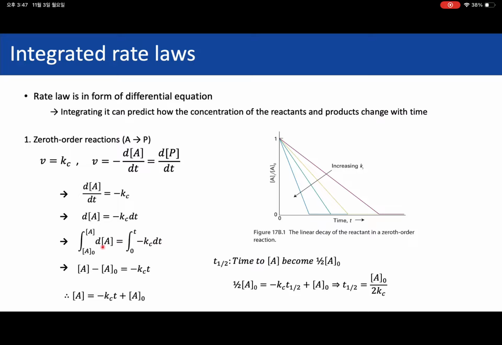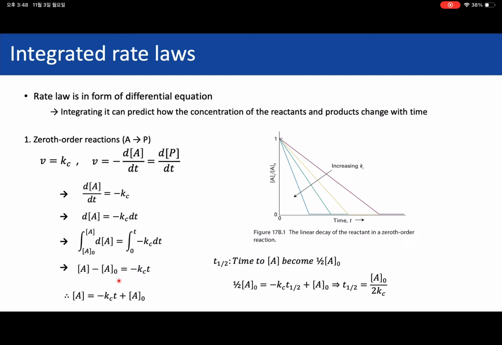This is because at time t equals 0, you have the concentration A0, and at time t, we have the concentration A. Integrating dA will give just A, so it's A minus A0, and similarly on the right hand side, there is no t term, so we just have negative Kc t minus 0, but just ignore that 0 term.